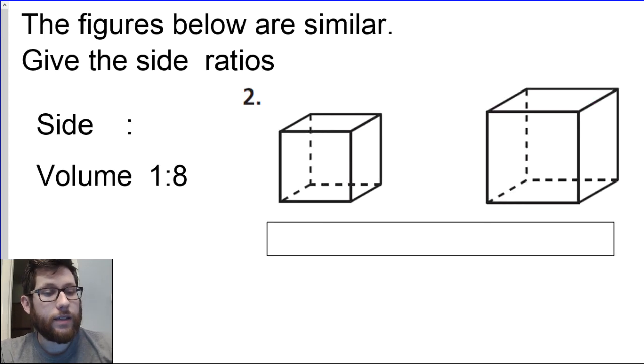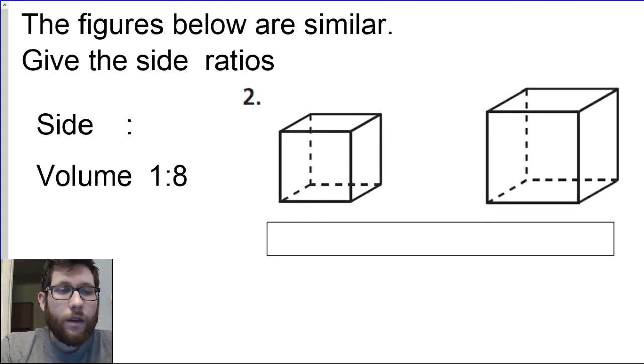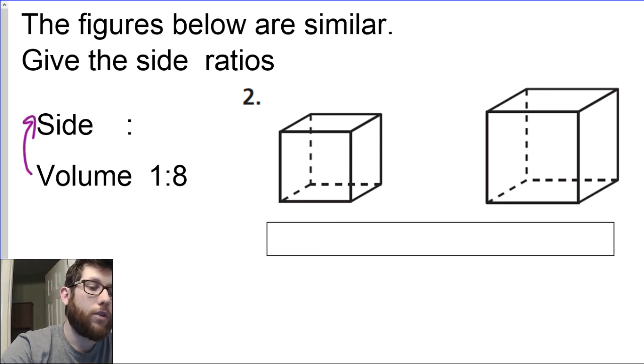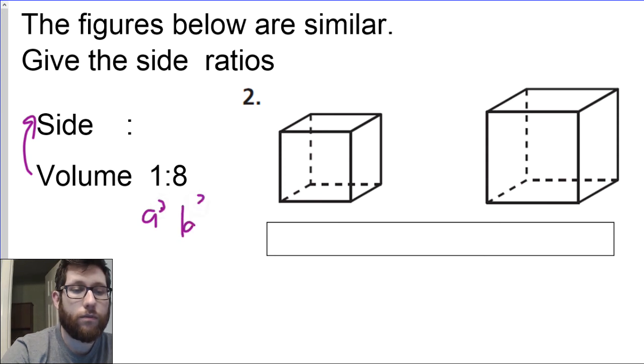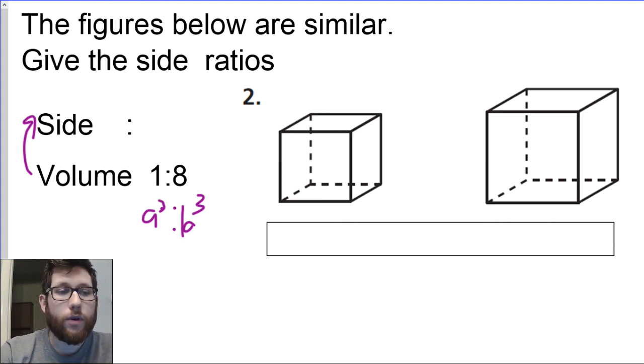All right, last example here. Here we're doing a volume ratio back to a side ratio. Remember, our volume ratio is A cubed and B cubed. Okay, so to get backwards, instead of doing a square root, I'm going to do a cube root.